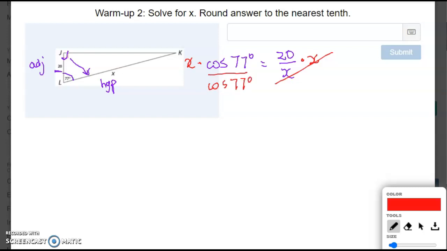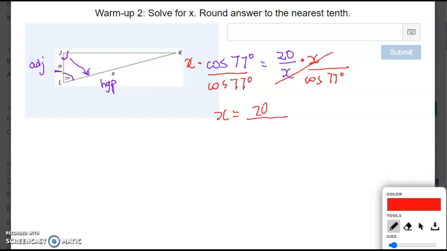Yes, I can use the trig table to do that, but I can also do that at the end. So that's going to be 20 over cosine of 77 degrees.